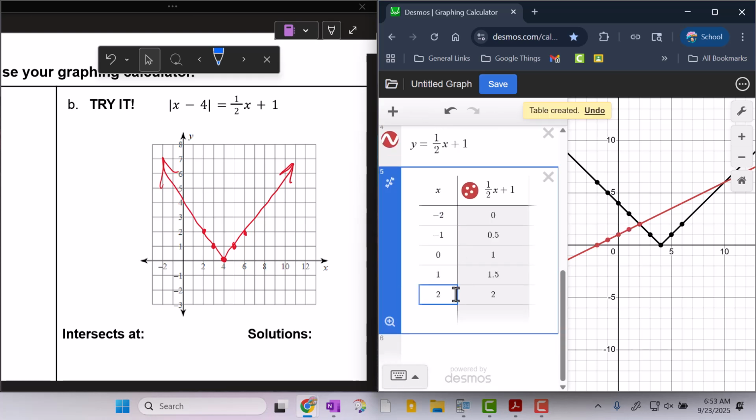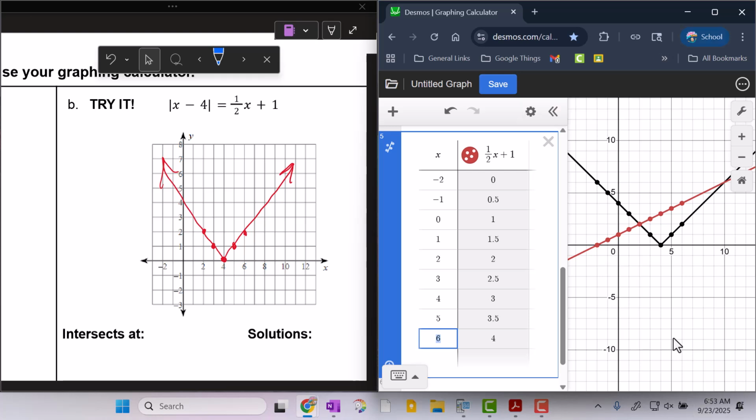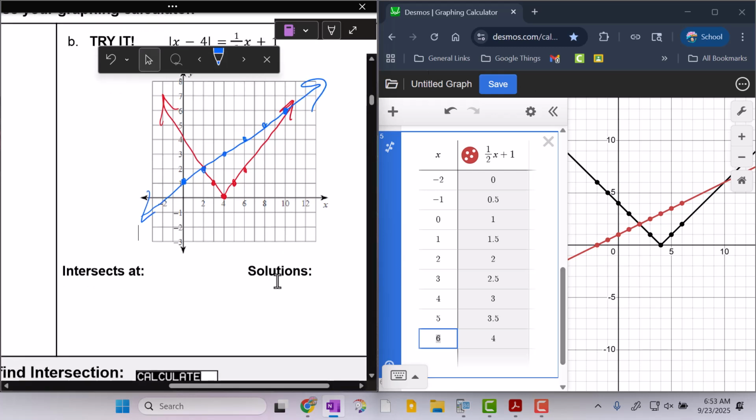So again, we want some decent points. So we'll graph the y-intercept, which is a positive 1. And then our slope is up 1 over 2, up 1 over 2, up 1 over 2. Connect those. And really, we probably should just look at the Desmos graph because my graph is not fantastic.